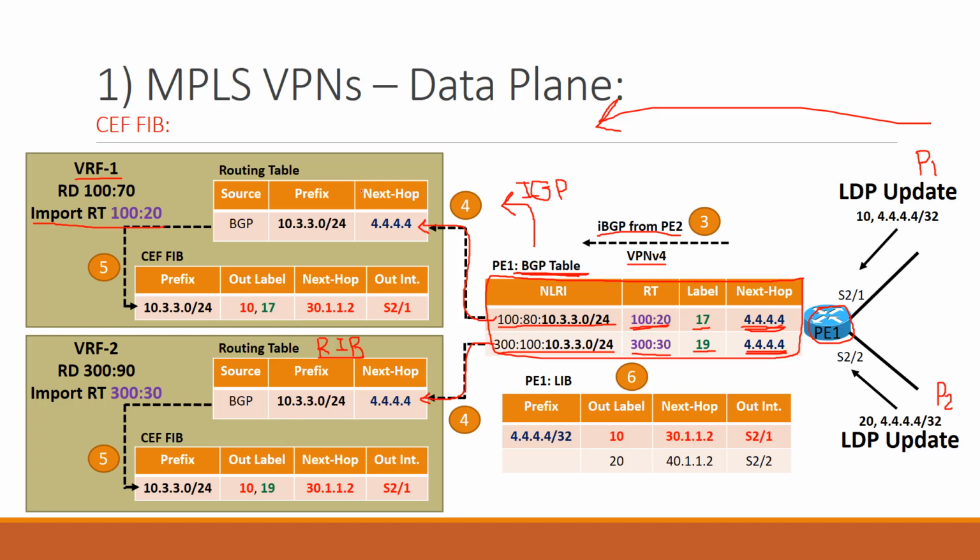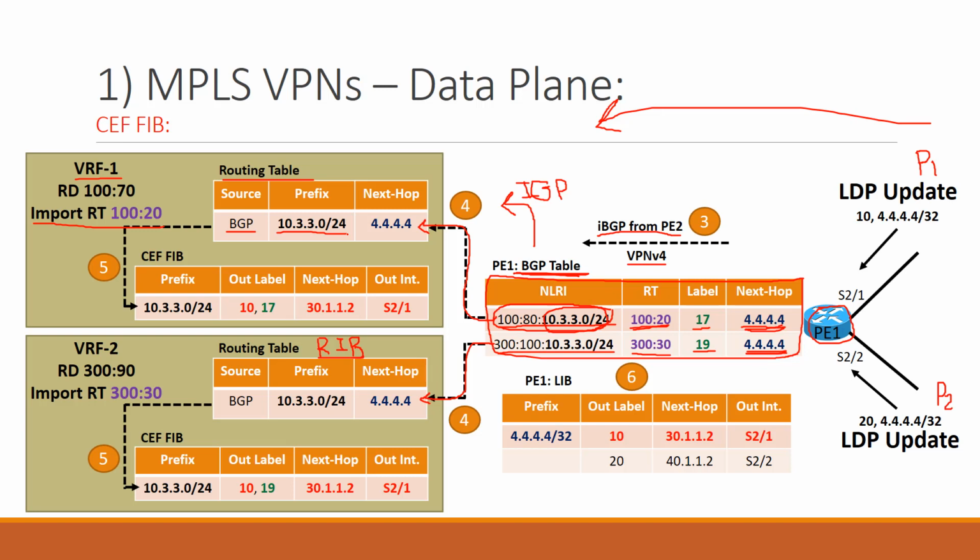So let's think about the upper VRF, VRF1, where this prefix will be added to this routing table because of the route target. So it will be learned from BGP, and the route distinguisher is removed because we don't need it anymore.